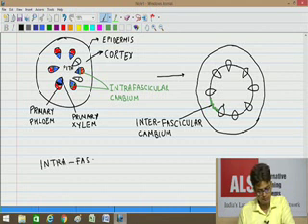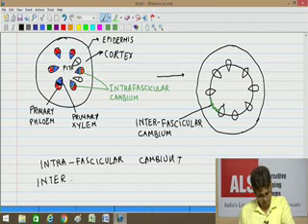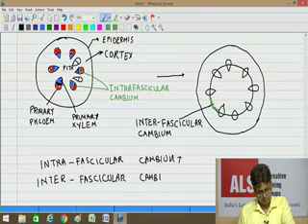Intrafascicular cambium plus interfascicular cambium equals the cambium ring.